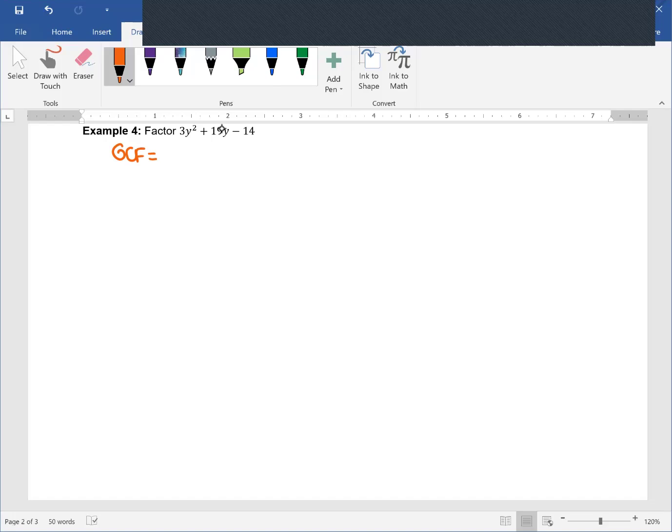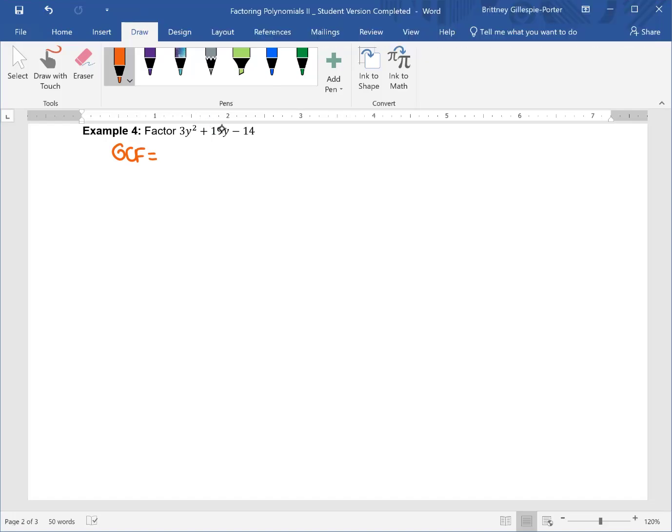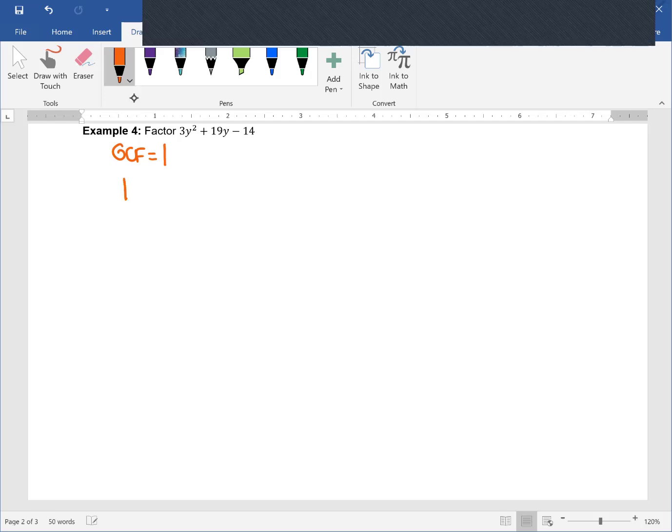And 14 doesn't have a y, which means our GCF is 1. Because our GCF is 1, I don't need to write a 1 and then a parenthesis. That's just additional work. So instead, we're going to go on with our problem.